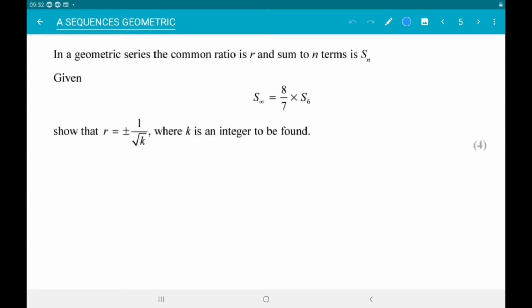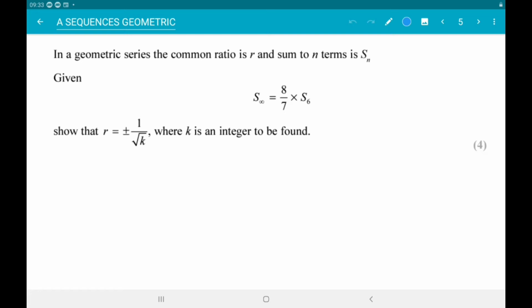Number 2. In a geometric series, the common ratio is r and the sum to n terms is Sn. Given that the sum to infinity is equal to 8/7 times the sum to 6, show that r is plus or minus 1 over root k, where k is an integer to be found.